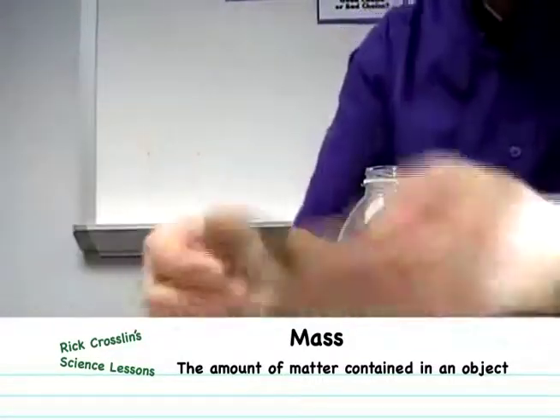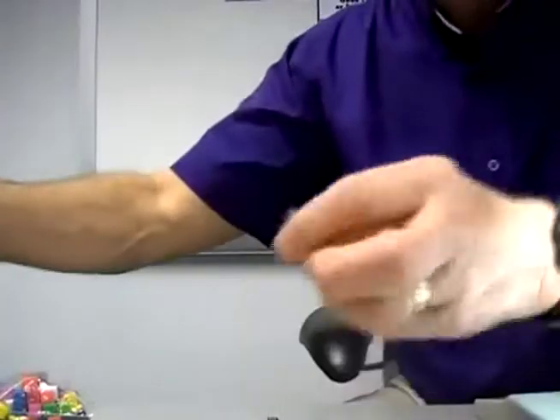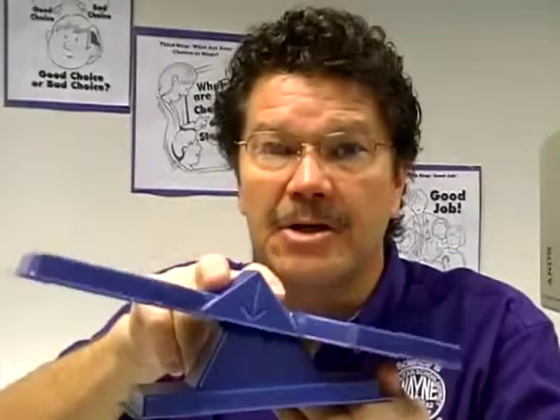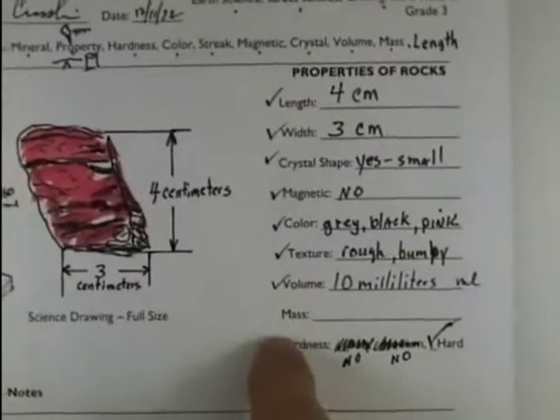We know how much space it takes up, and so to find out how much mass it takes up, I need to use a different tool that scientists use. And you have 6 of these in your classroom. You have 6 graduated cylinders in your kit, and you have 6 balance scales to find the mass. So let's see how this works. This is another tool to find the mass.